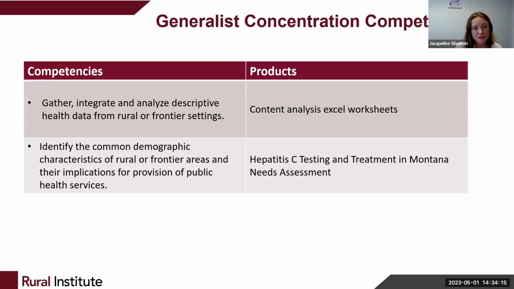The two generalist concentration competencies that I chose were to gather, integrate, and analyze descriptive health data from rural or frontier settings, and to identify the common demographic characteristics of rural or frontier areas and their implications for provisions of public health services. And their products were, again, the content analysis Excel worksheets and the hepatitis C needs assessment report.